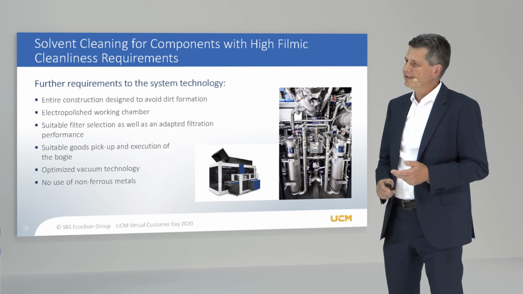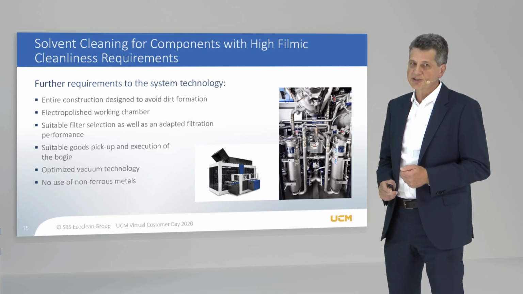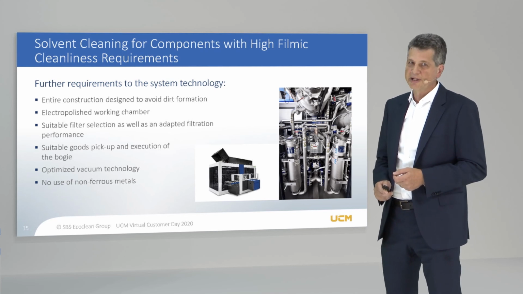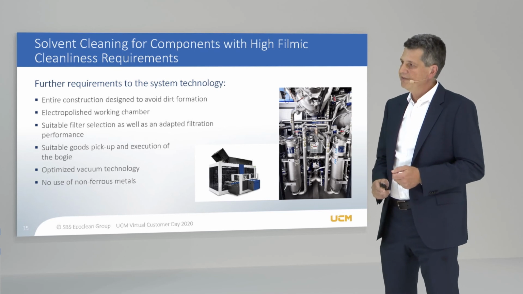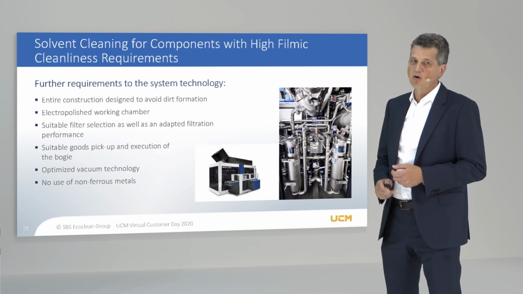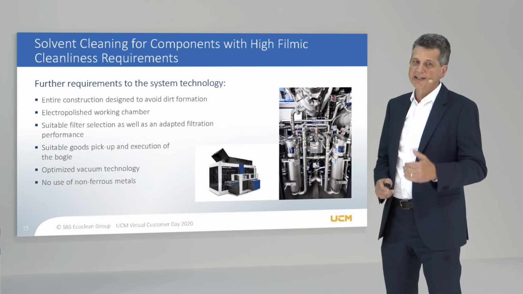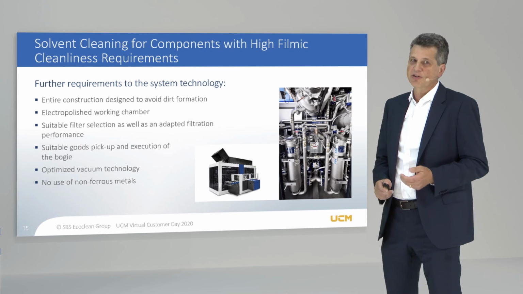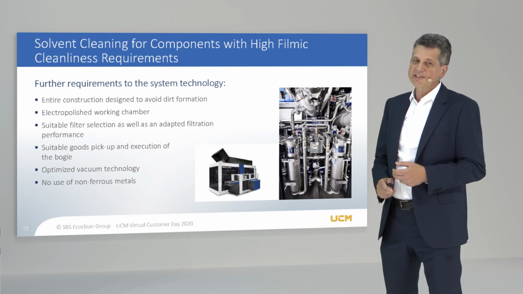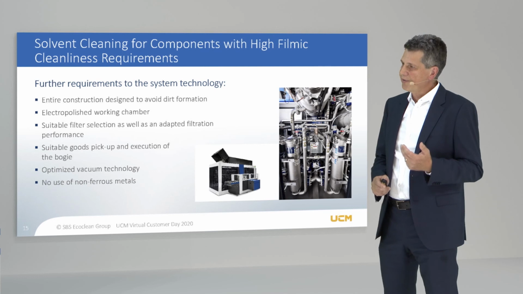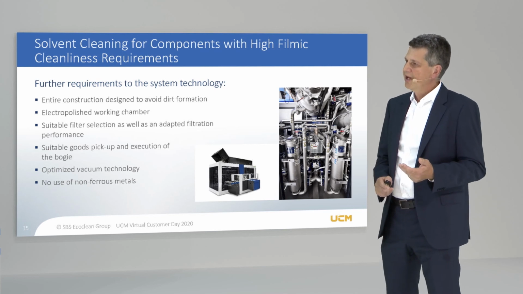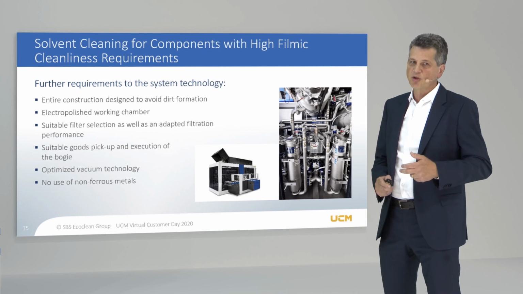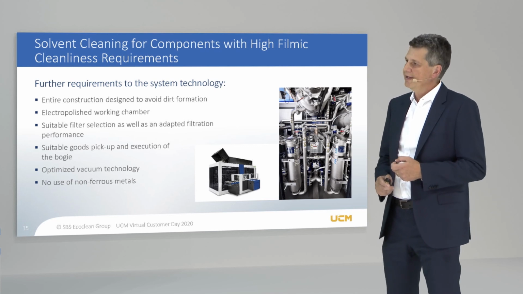What did we do? First of all, we looked at the whole design of the construction of the machine and made sure that we avoid any kind of dirt formation in the system. Secondly, we electropolished the working chamber in order to avoid that there is any deposit on the working chamber wall that can cause recontamination. In addition, we selected the right filters that can be used, and we adapted the filter performance in order to not overflow the filter.